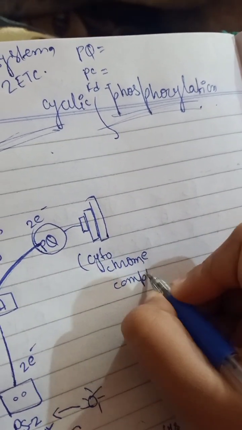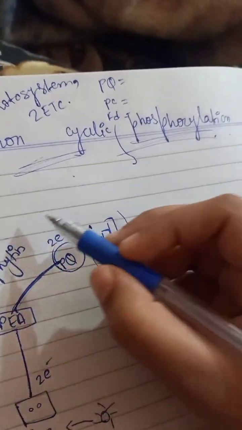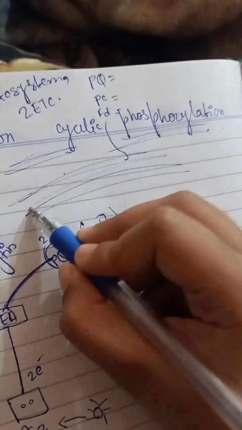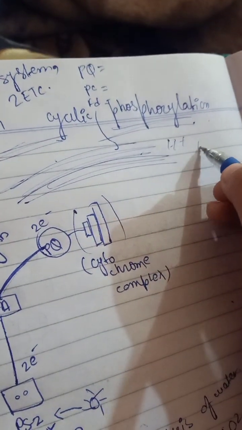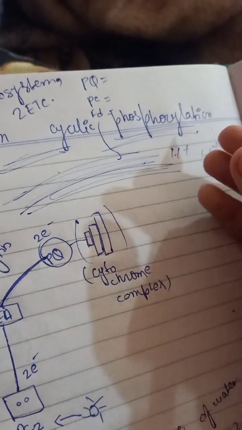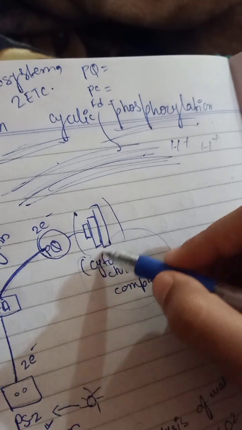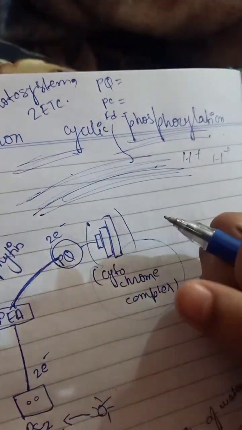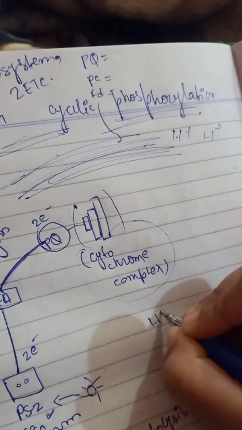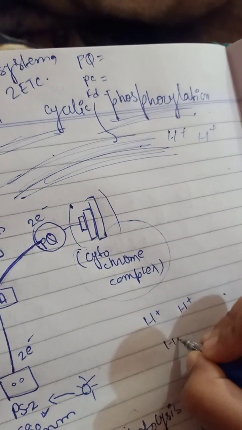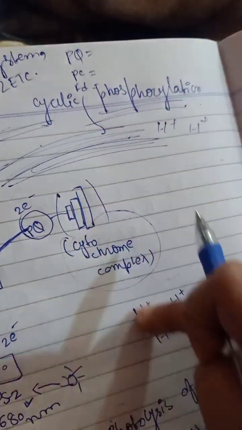Here there is the stroma fluid, and this is the thylakoid membrane. Hydrogen ions from the stroma are pumped through the cytochrome complex into the lumen of the thylakoid.